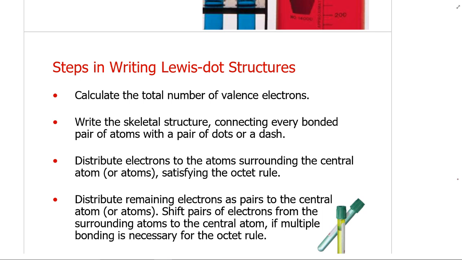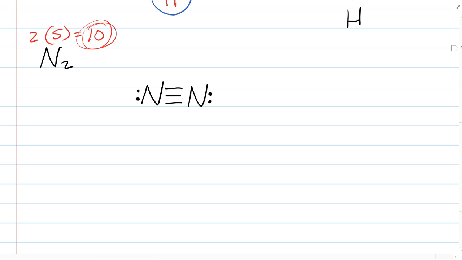So the first thing we're going to do, we need some structures to write out. So let's write out some structures. Which ones are we doing? Here we go. We're going to do PCl3. So I'm going to put this in here, PCl3. We're going to do CO2.